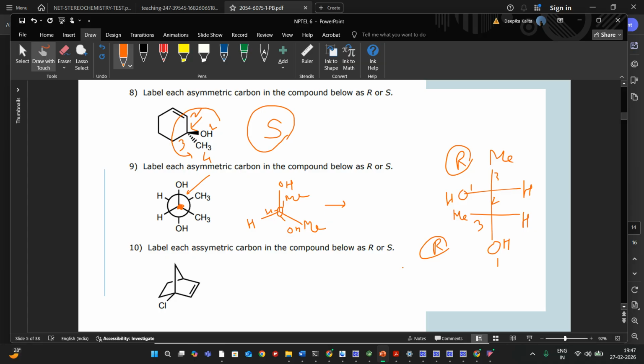So note down that when we are assigning the absolute configuration to the asymmetric centers in the Fisher projection, the fourth priority groups, which are the hydrogens, are present on the horizontal lines. So that is why whatever absolute configurations we are getting, we are supposed to reverse them. Okay. So the compound is having RR configuration. I hope this is clear to you.